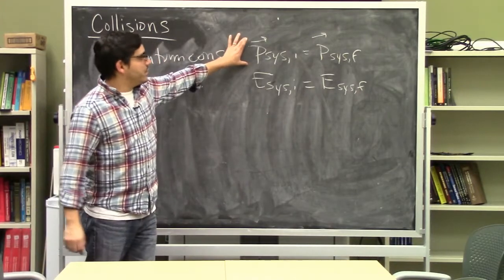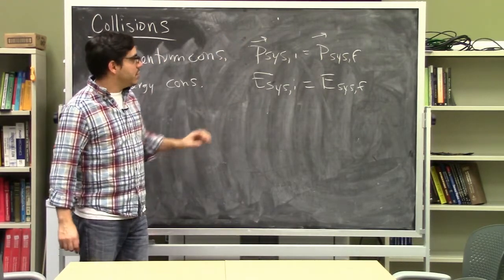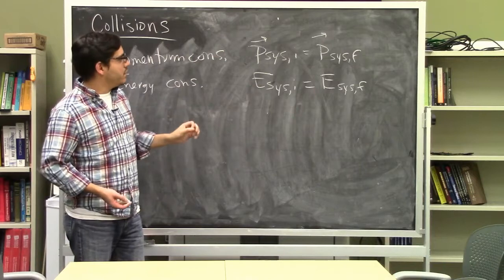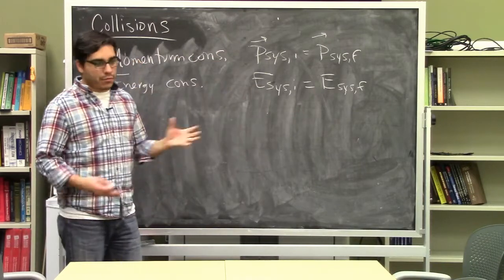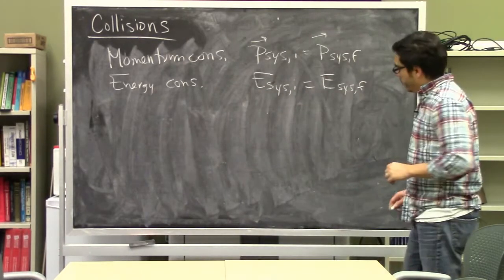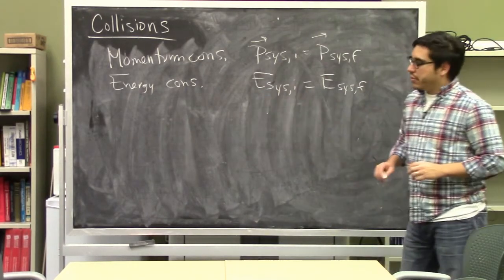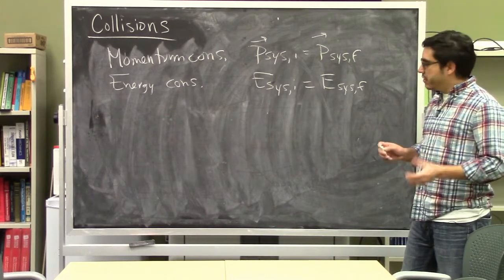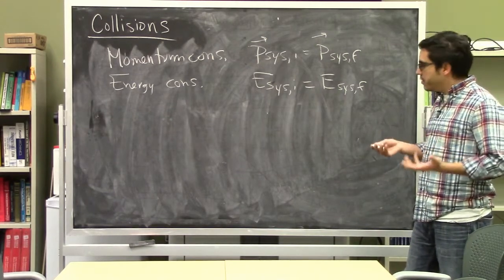Momentum conservation is relatively straightforward, because we can track the velocities of these objects before and after the collision, and it's very clear what that momentum looks like. The energy of the system, on the other hand, is a little trickier to deal with because the system can have a variety of energies.